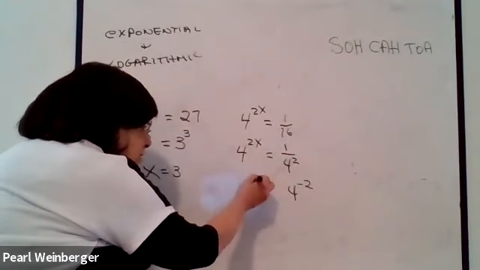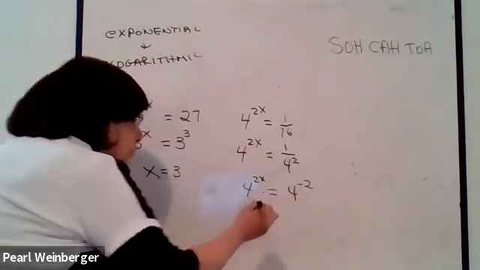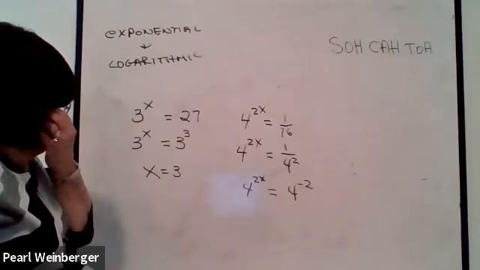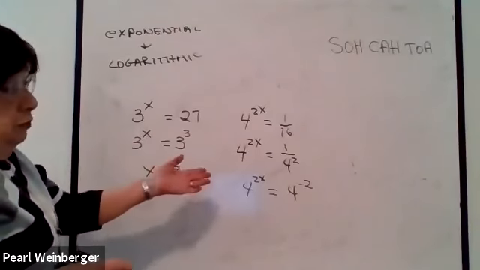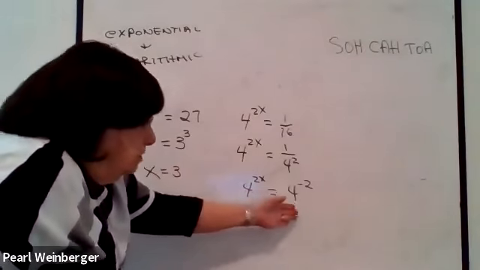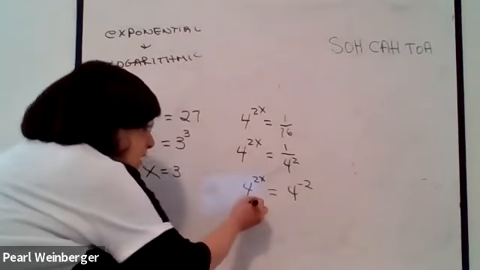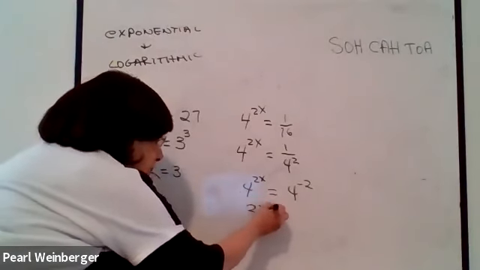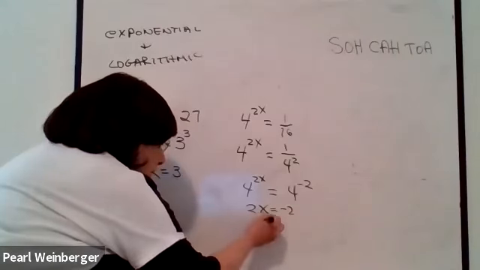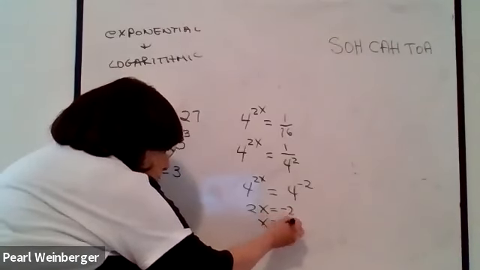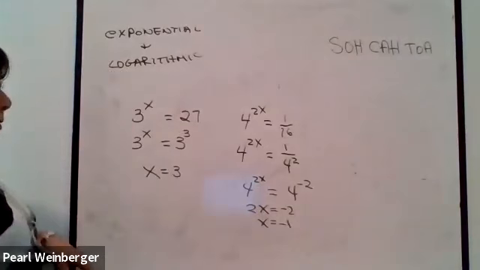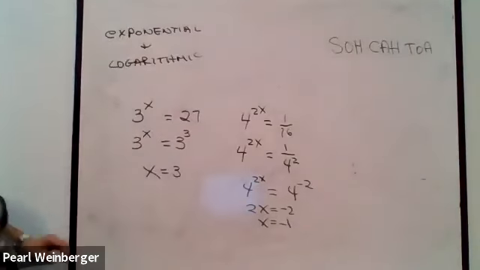So I can write this as 4 to the 2x equals 4 to the negative 2. Since they both have the same base, I can now write 2x equals negative 2, and that'll give me x equals negative 1, dividing both sides by 2.